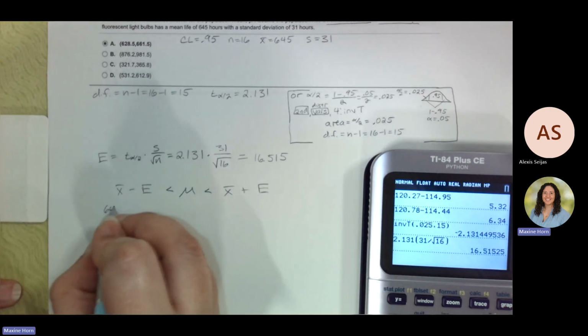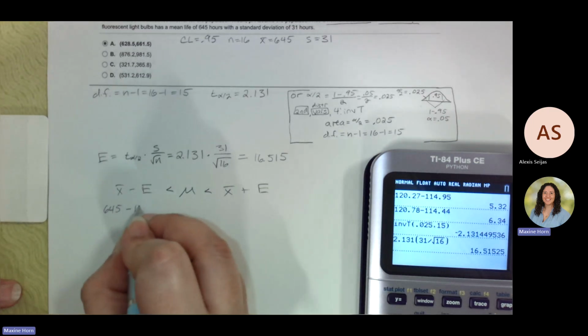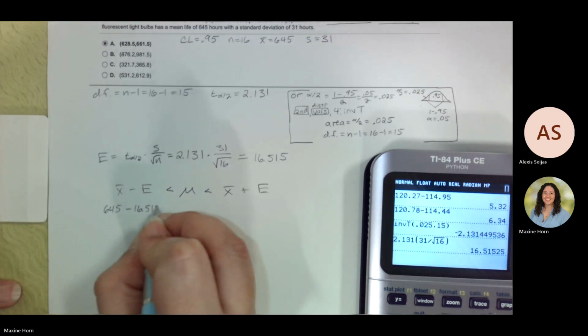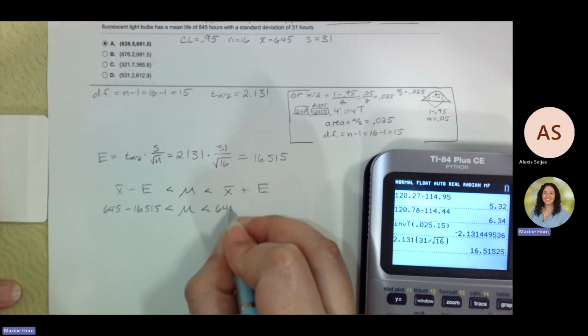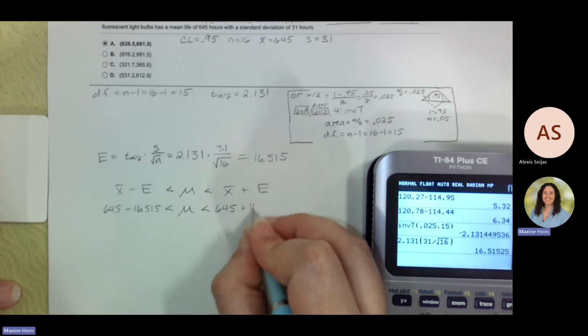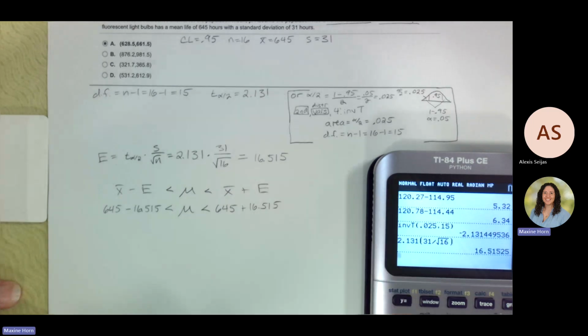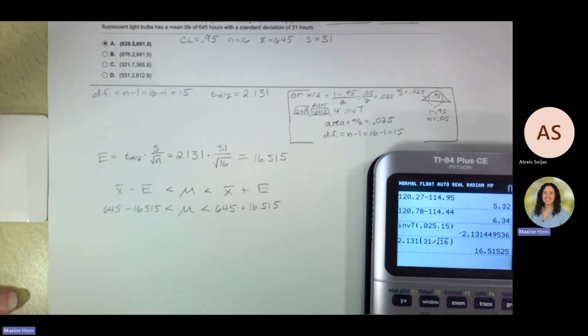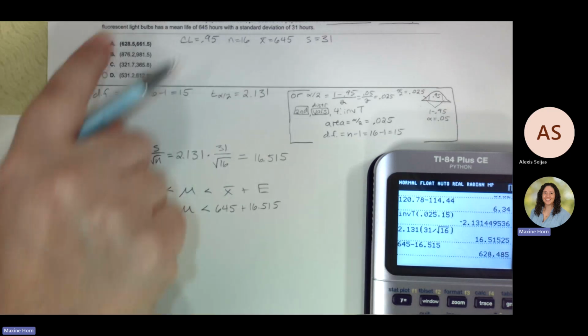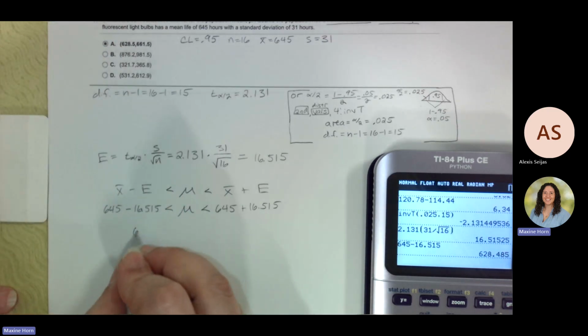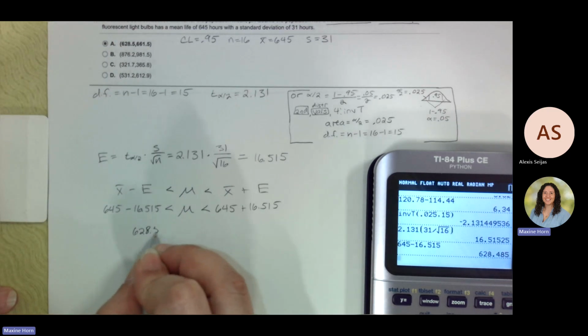So 645, and then take away my margin of error; 645, and add my margin of error. 645 minus 16.515, if I round to 1 decimal place, since these answers are rounded to 1 decimal place, I get 628.5.